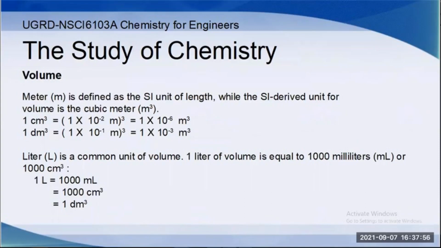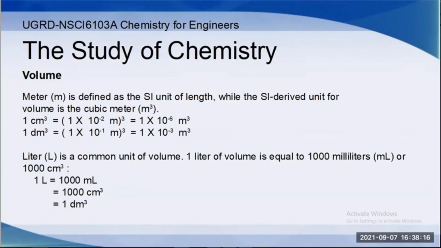Okay, so 1 liter of volume is equal to 1,000 milliliters or 1,000 cubic centimeters. By the way, cubic centimeters is also popularly known as cc. But I'm sure you've heard of that, right? So cc.